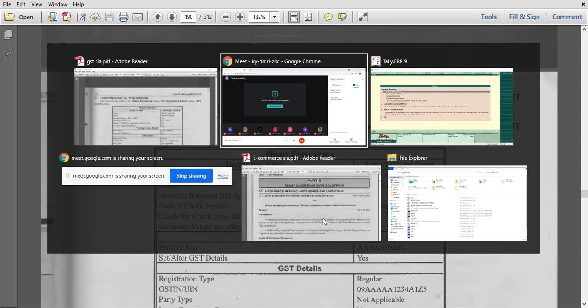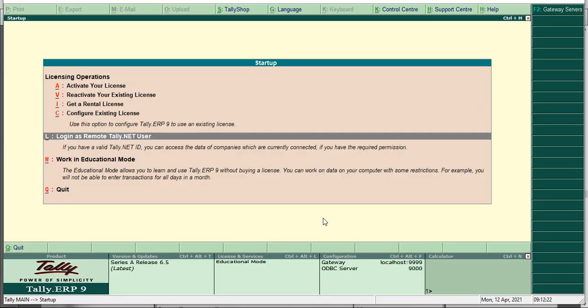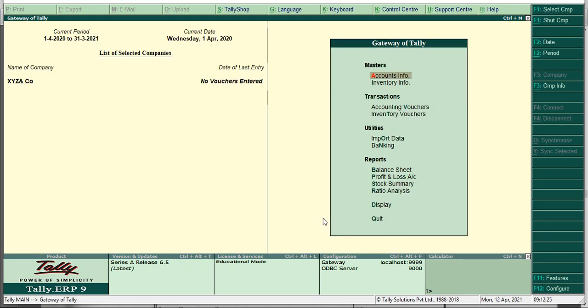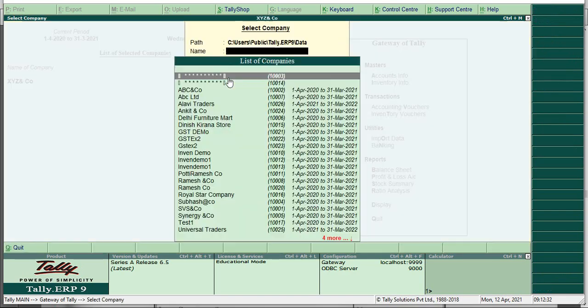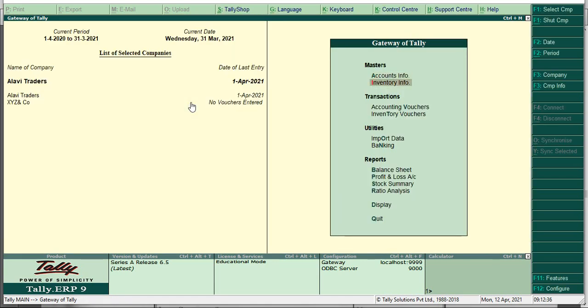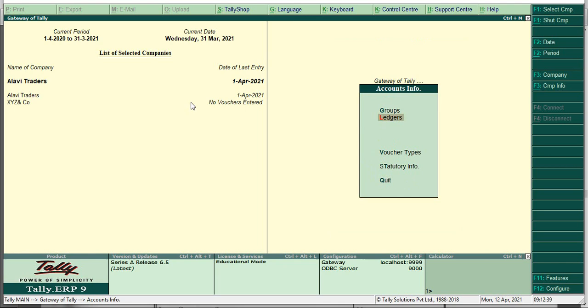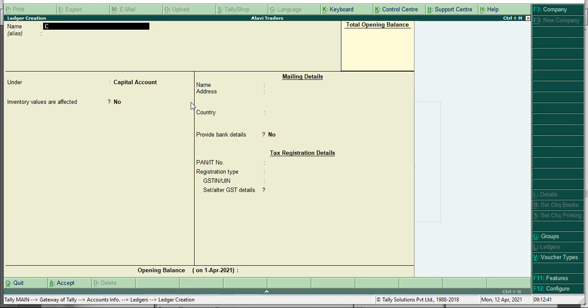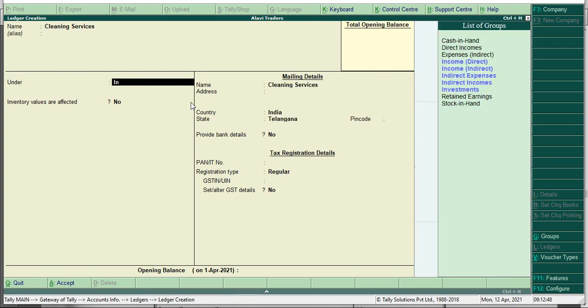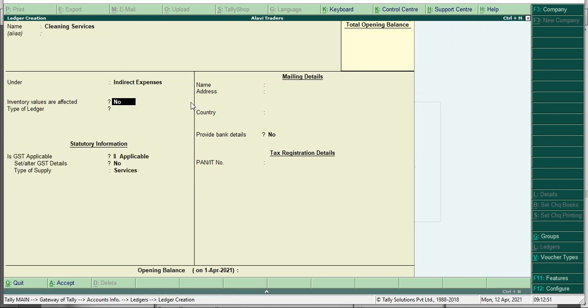So I will go to Tally. So what is the company name? That is Alvi Traders. Accounts info, ledger, create, cleaning services under indirect expenditure, applicable GST rates yes.